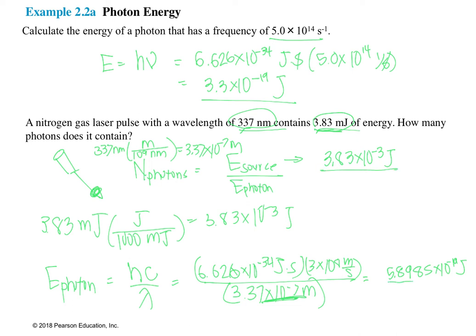So I'm going to plug that in on the denominator here. 5.8985 times 10 to the negative 19 joules equals, so we take our source divided by one single photon, and we get 6.49 times 10 to the 15 photons are in that burst of light.